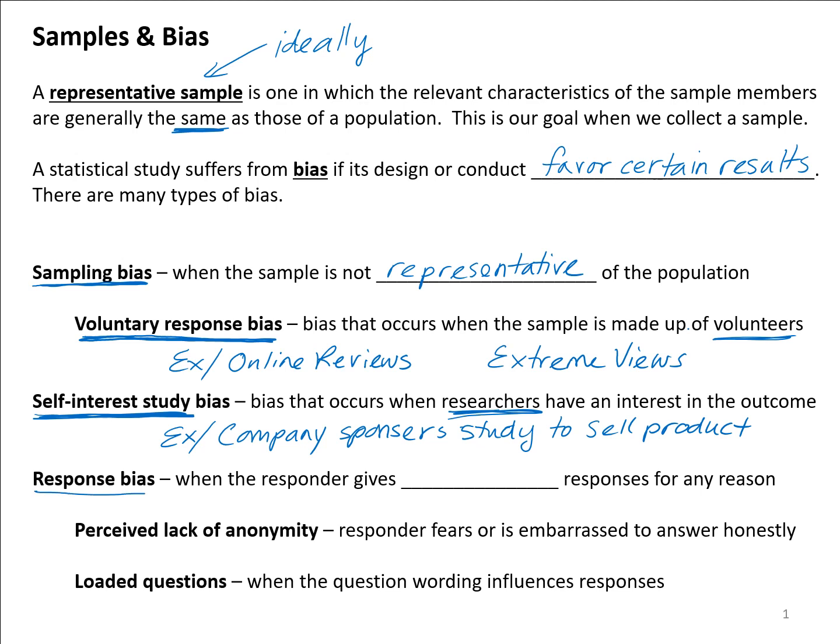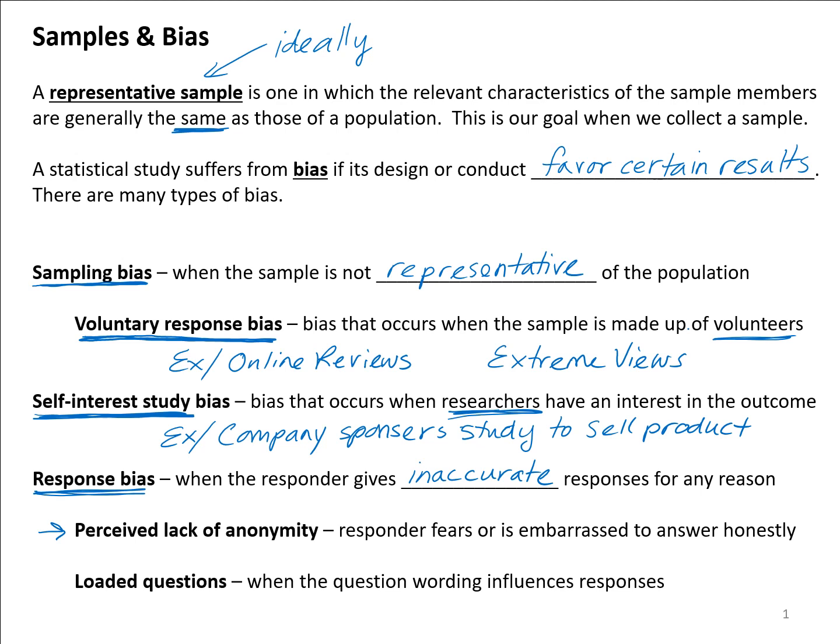You can also have response bias. Response bias is when the responder gives inaccurate responses for any reason. A couple of types of reasons that might happen. There could be a perceived lack of anonymity in the survey.